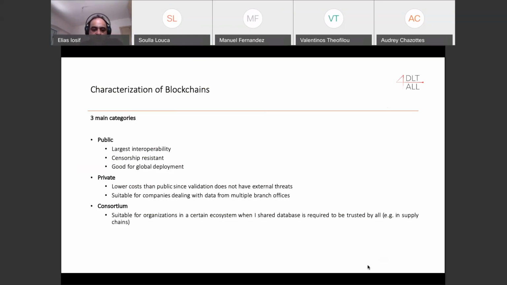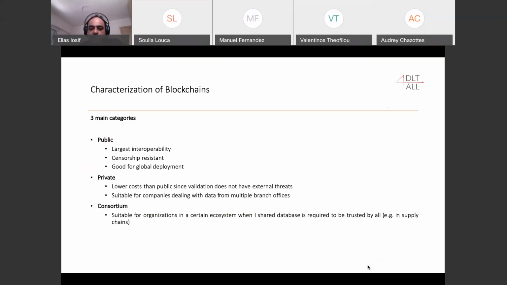Now, the consortium characterization lies closer to the private end of the spectrum. The basic characteristic of this type of blockchain is that certain organizations forming a consortium control the blockchain.